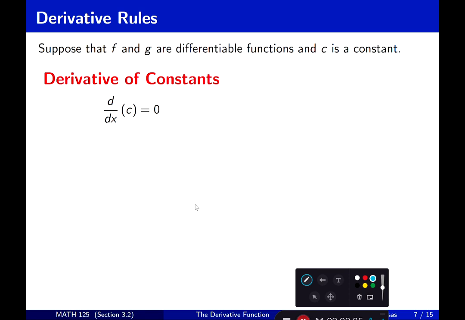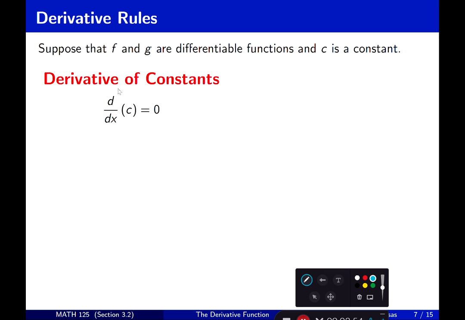Although knowing the limit definition improves your understanding of what a derivative really is, in special cases you can figure out how to find a derivative just with the derivative rules. So first thing is the derivative of a constant.